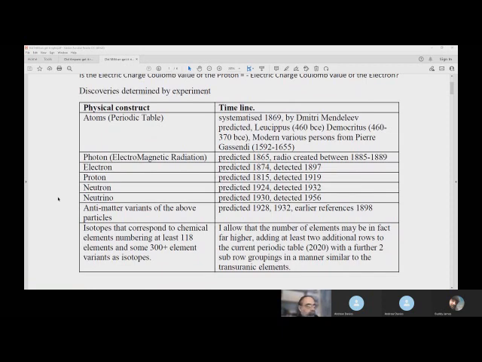However, they had yet to find the proton, the neutron, the neutrino. Antimatter wasn't known generally. However, it was actually referenced or surmised by around 1898. And the isotopes, the variation in chemical elements, were not known.